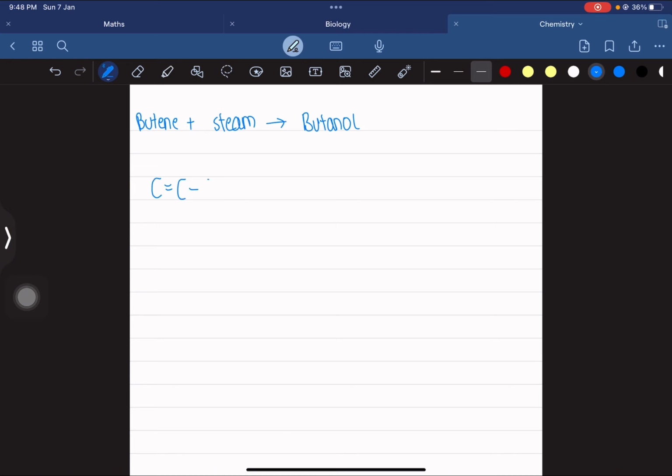We are supposed to draw 4 carbons because 4 is for butene, and the rest hydrogens. Make sure you draw 4 bonds for carbon, very very important. And finally the steam, and finally butanol: meth, eth, prop, but, OH.